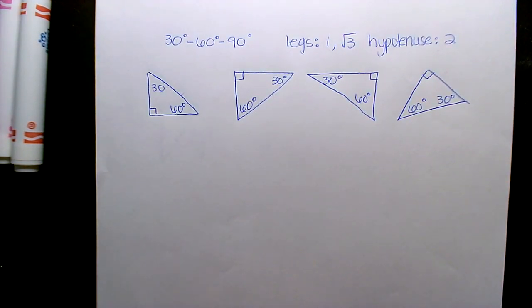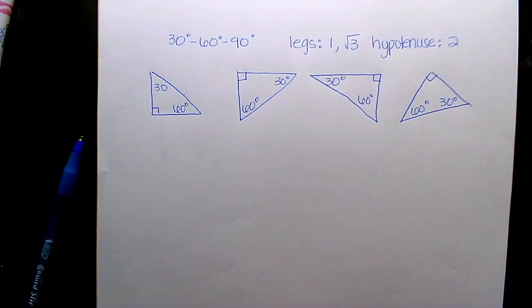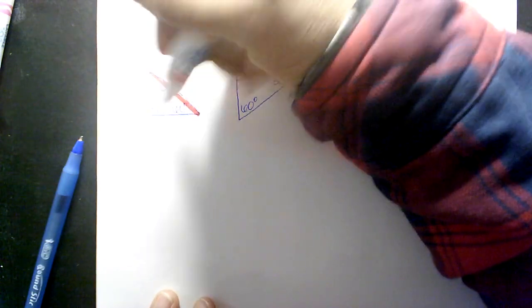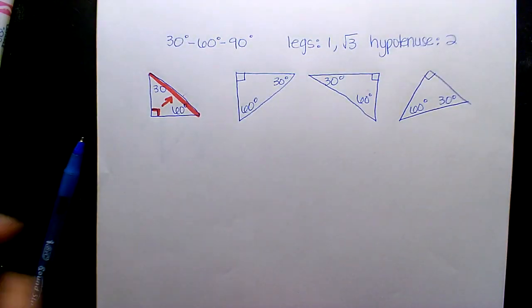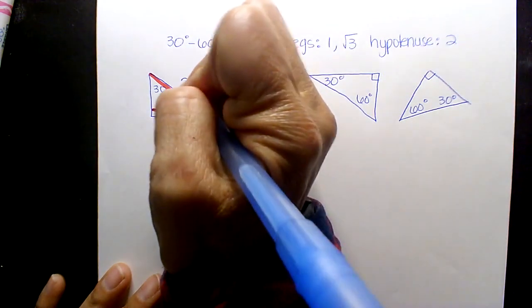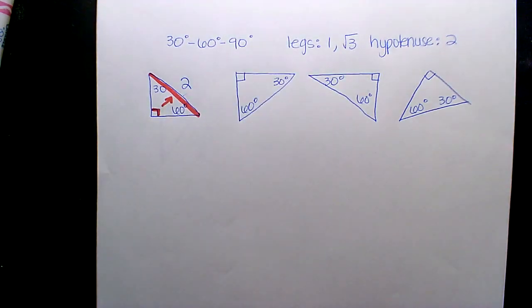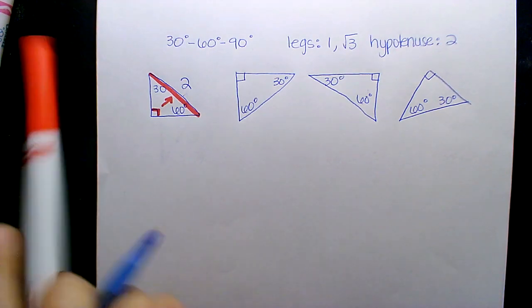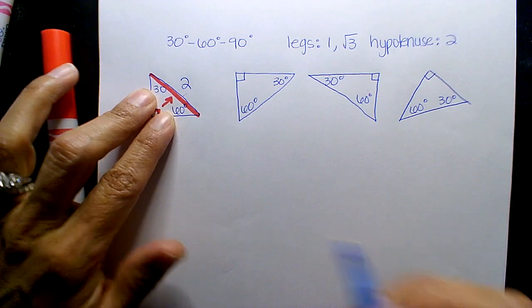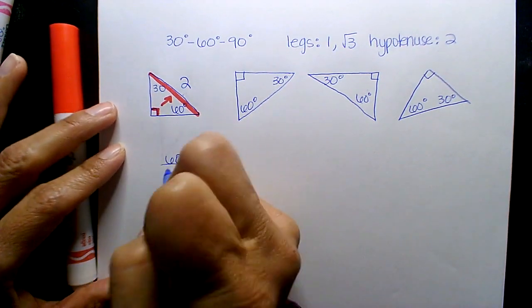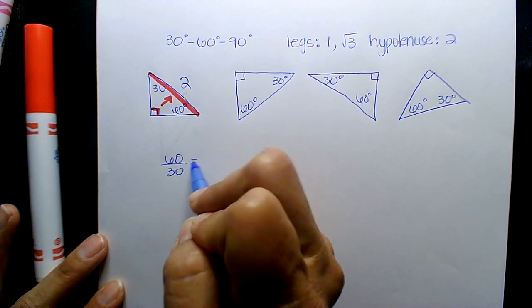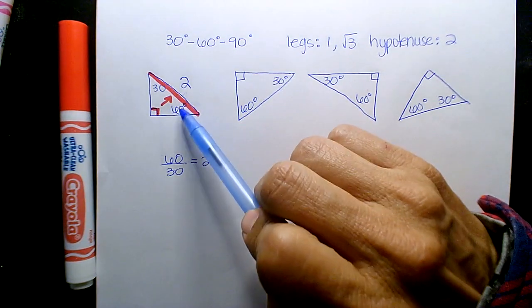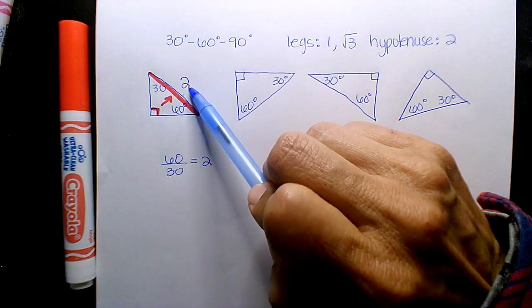Okay, how do you know what side goes where? You guys should know the hypotenuse is always opposite the 90 degrees, so your hypotenuse is always the 2 side. But if that saying doesn't work for you, think of division with 30 and 60: 30 goes into 60 two times, so that side length should be a 2.